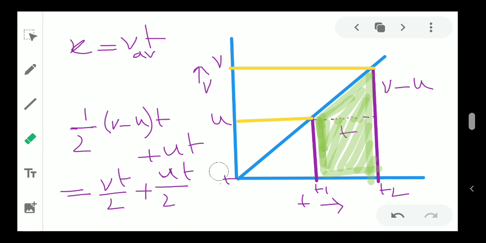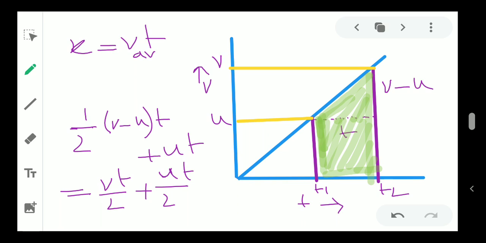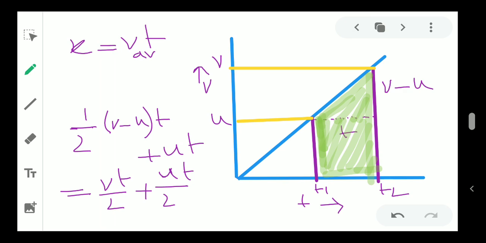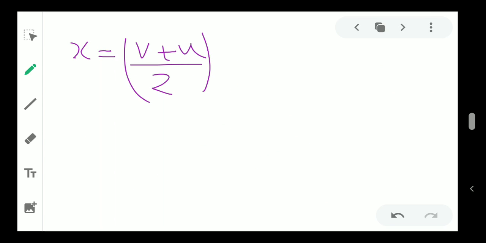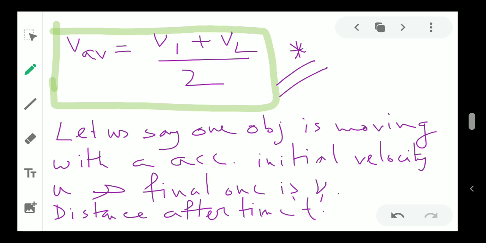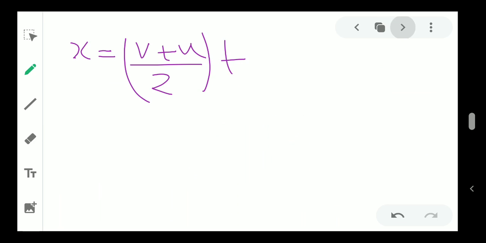Finally, we get x is equal to v plus u by 2 into t, and this is the same thing as why I am taking v average t, because we already got v average is v1 plus v2 by 2. So in both ways we can find this.